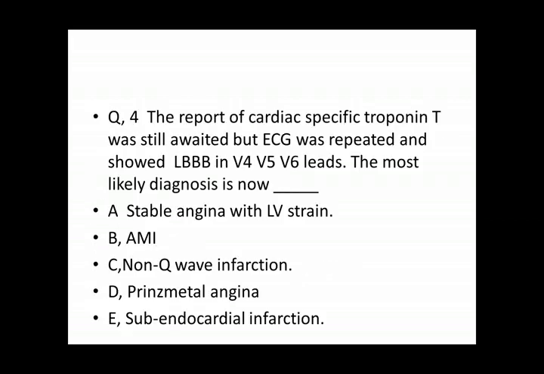Question 4: the report of the cardiac specific troponin T was still awaited, but the ECG was repeated and showed now the left bundle branch block in V4, V5, V6 leads. The most likely diagnosis is now: A, stable angina with left ventricular strain; B, it is actually the AMI, the acute myocardial infarction, although it is non-STEMI; C, non-Q wave infarction; D, Prinzmetal angina; E, subendocardial infarction.